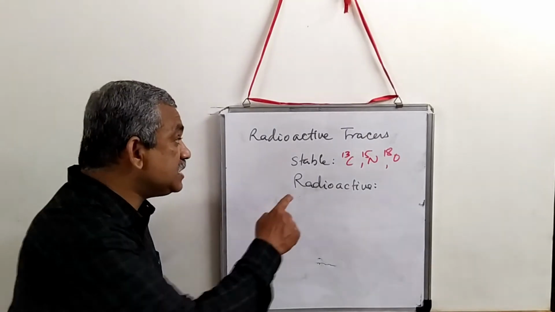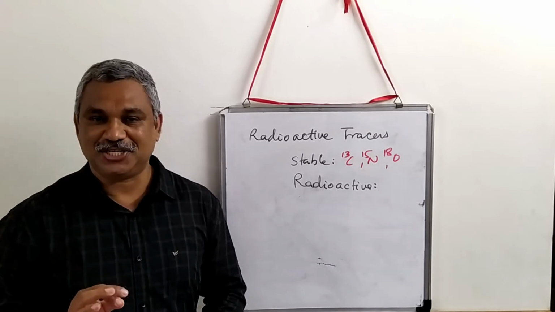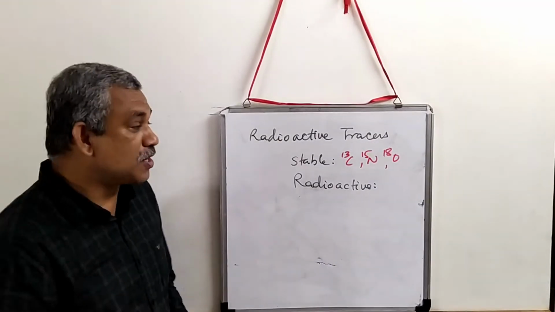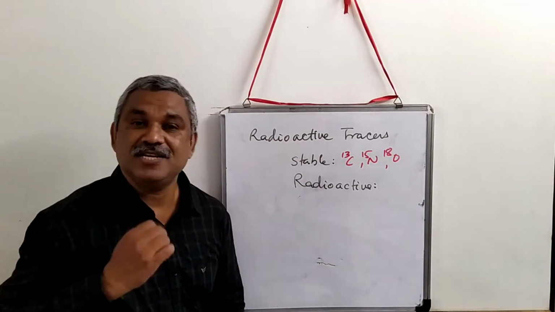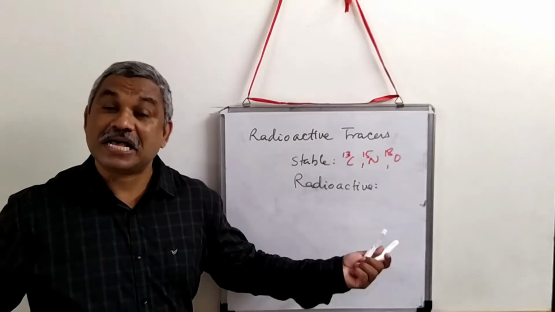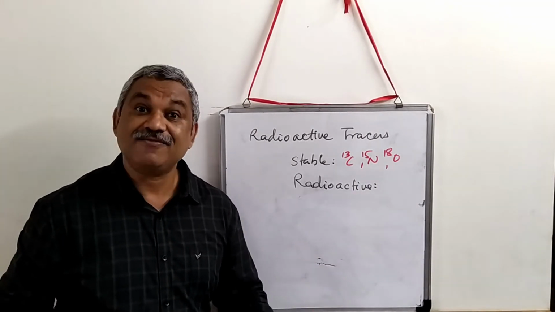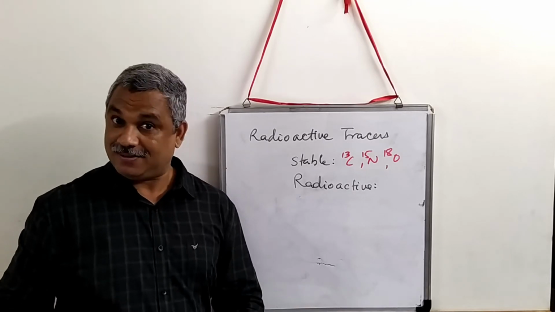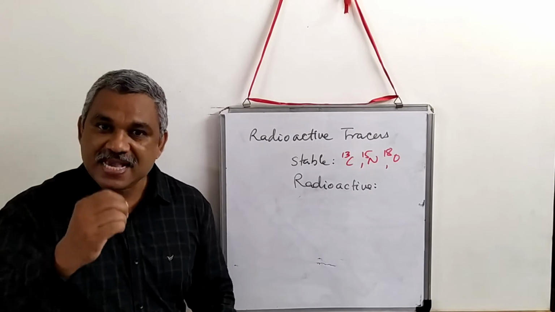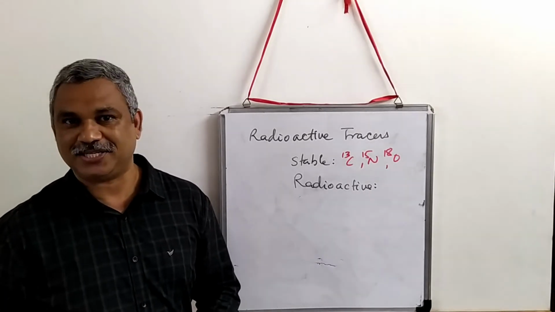These tracers were used to identify pathways of the electron transport system. O18 was used. N15 was used in the classic example of semi-conservative replication discovered by Meselson and Stahl. They used N15 labeled bases to establish semi-conservative replication.